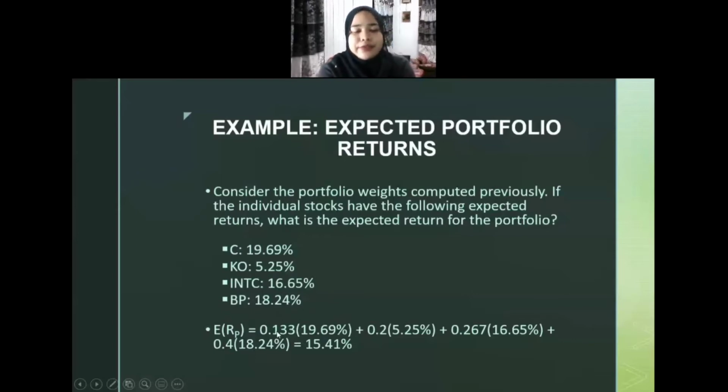So for this one, we're going to take 0.133 multiplied by 19.69% plus 0.2 multiplied by 5.25% plus 0.267 times 16.65% plus 0.4 times 18.24%. Then we will get the answer, which is 15.41%.